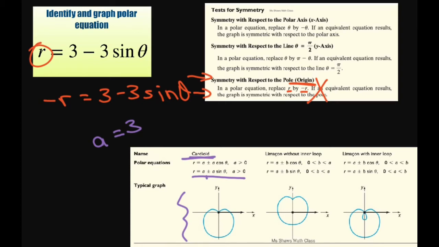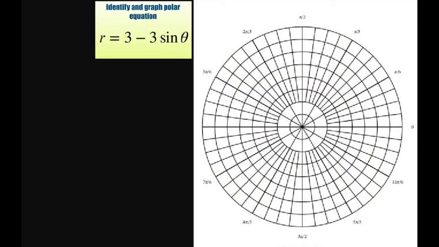So let's go ahead and graph this. Since it is symmetric to the line theta equals pi divided by 2, the y-axis, we're going to look at values of theta from negative pi divided by 2 to pi divided by 2. I'm trying to save room here.